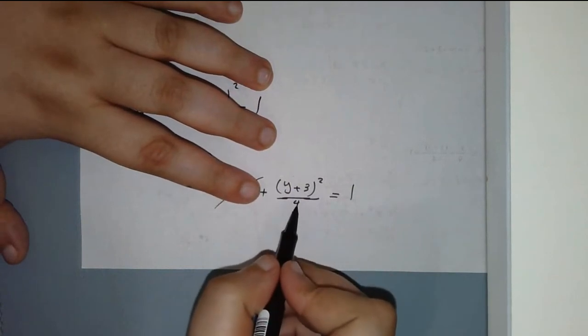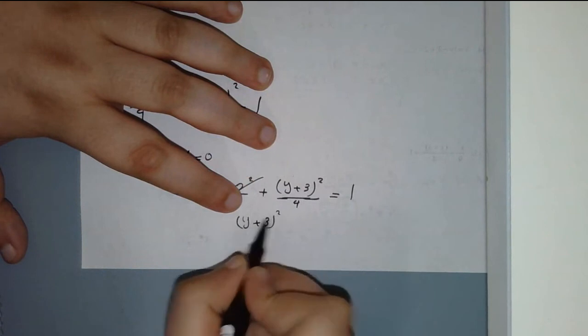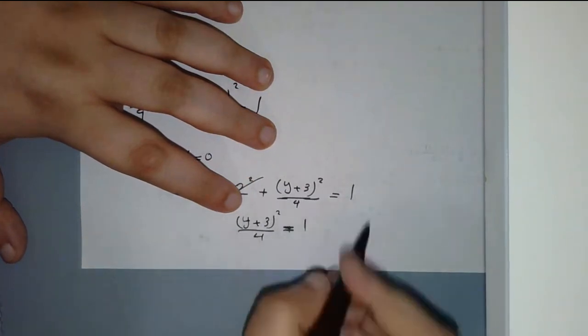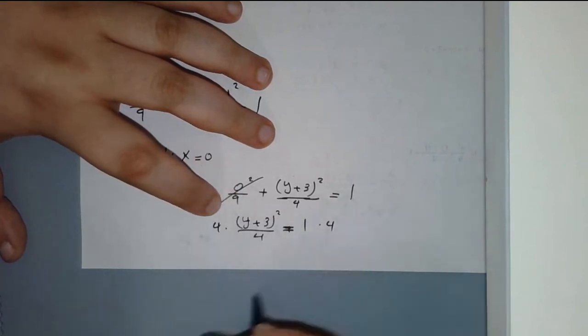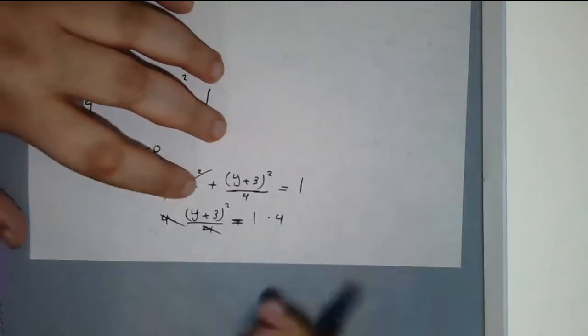Well, first thing I need to do is get rid of this 4. Now I'm going to multiply by 4 here and multiply by 4 here. These cancel. I got rid of the denominator. And 4 times 1 is 4. Yes?